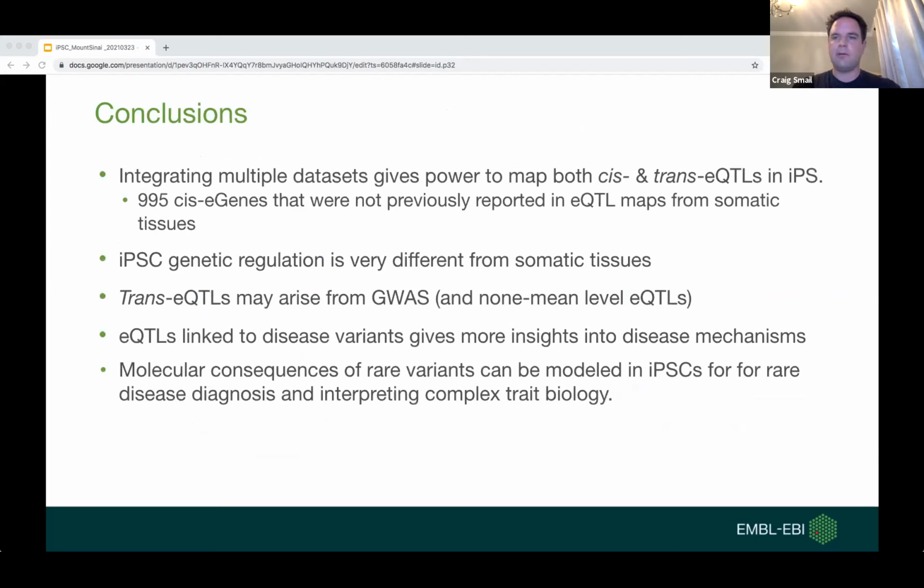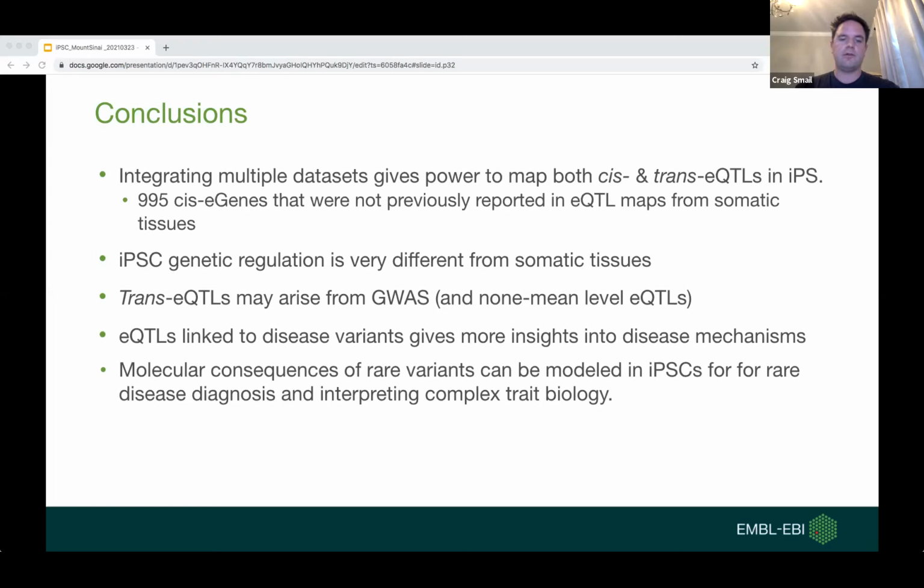So just to wrap up, because I think we're right on time, we discussed that integrating multiple iPSC data sets gives us power to map both cis and trans EQTLs in iPSC. One thing we mentioned in the paper is that we actually find close to 1,000 cis genes that were not previously reported in EQTL maps from somatic tissues.